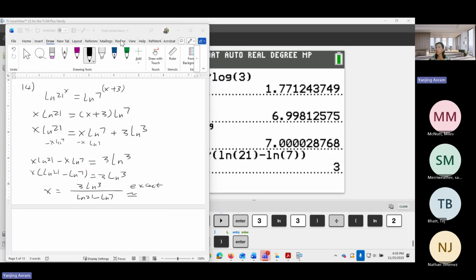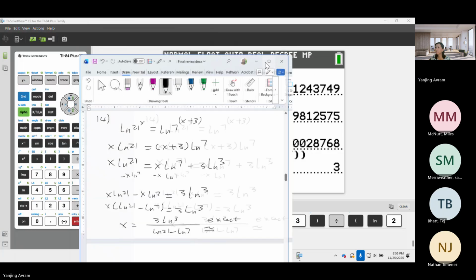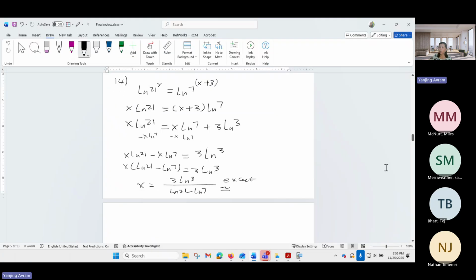Why am I making this mistake? Okay, apologize for that. This one should be 3 ln of 7. Look at it, I put a ln of 3 in here. So this should be 3 times ln 7. Okay, 3 ln 7. That should be 7 in here.